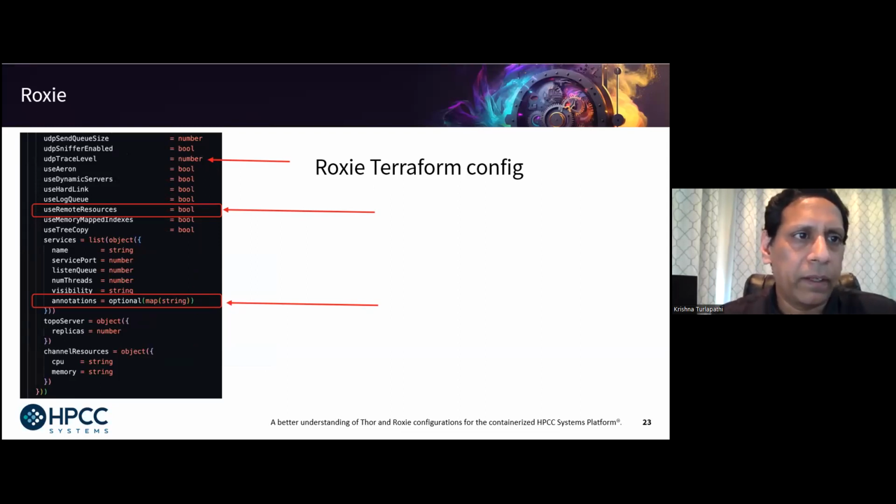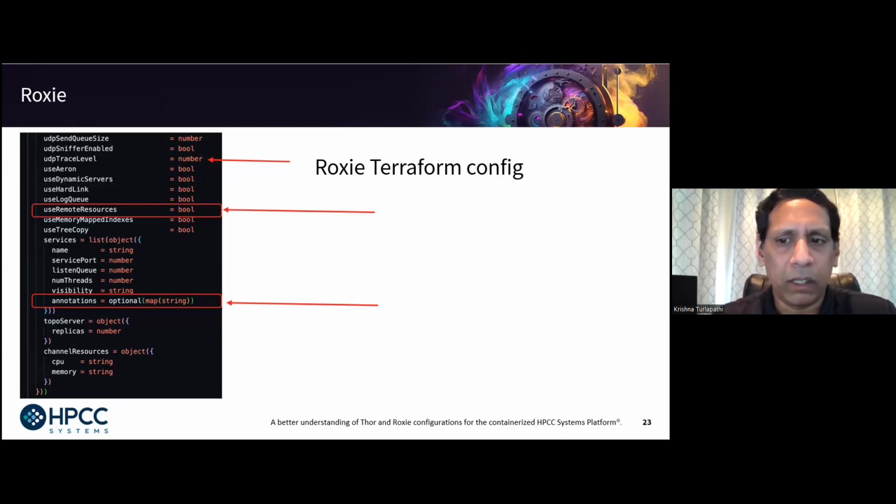Then you have the UDP trace levels, then UDP sniffer enable, use remote resources, use tree copy, you have the services, you have the topology servers, the channel resources settings, which we have seen previously of how the CPU and the memory setting for those.